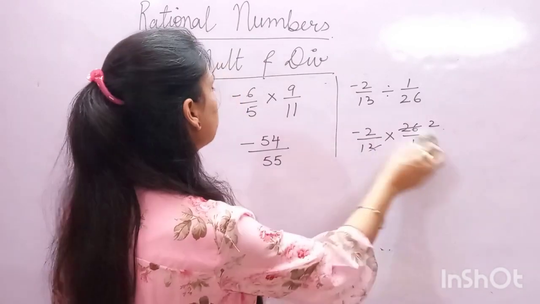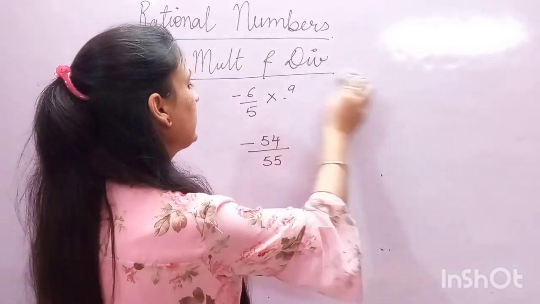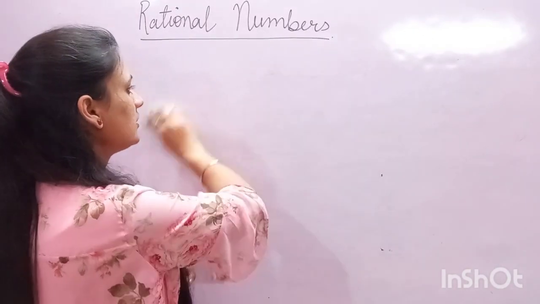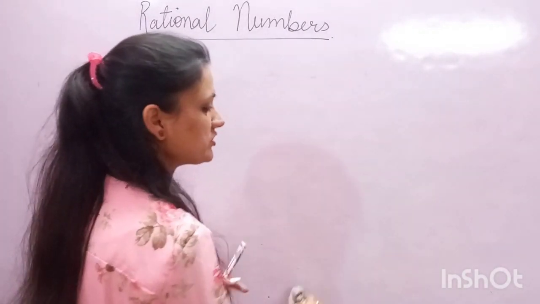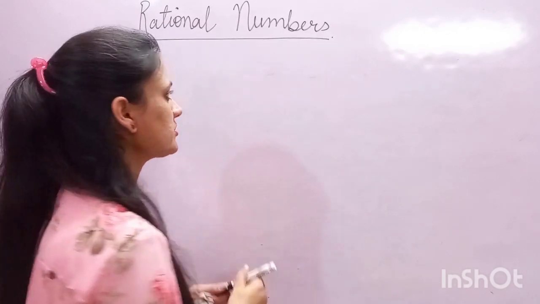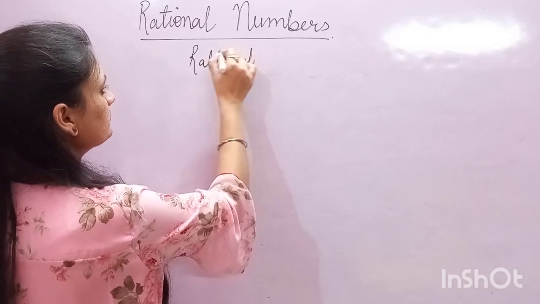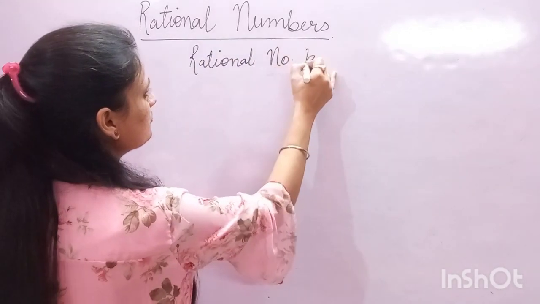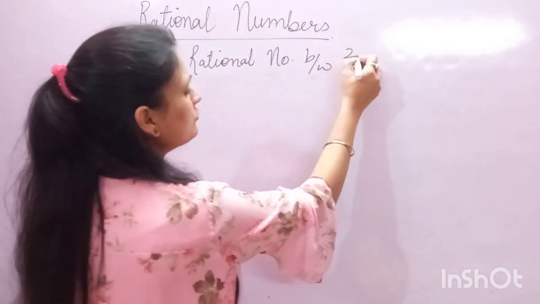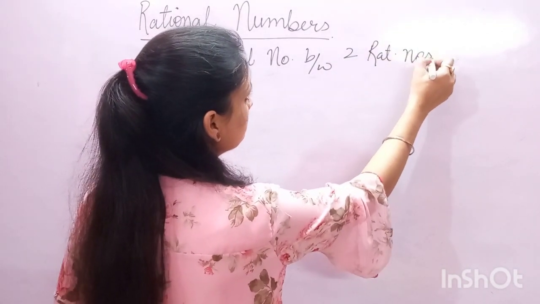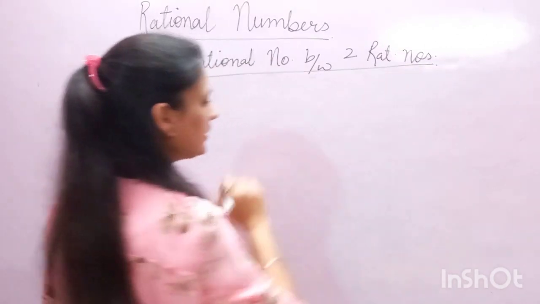So now the very important concept of finding rational numbers between two given rational numbers. You should know this type of question comes in the exam. Very important question. How to find it out?